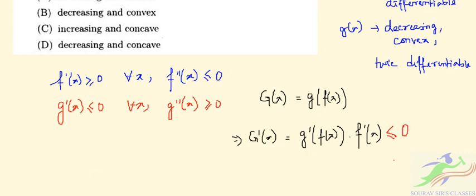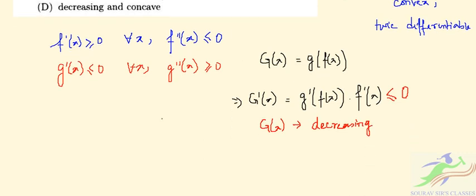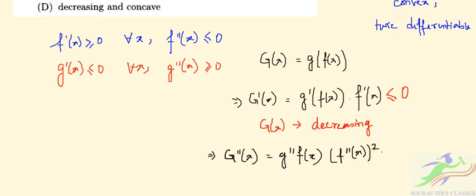So here g of x is decreasing, right? Now if we do the double derivative with respect to x, we will have g double prime f of x multiplied by f prime x whole square plus g prime f of x multiplied by f double prime x. This is again greater than or equal to 0.